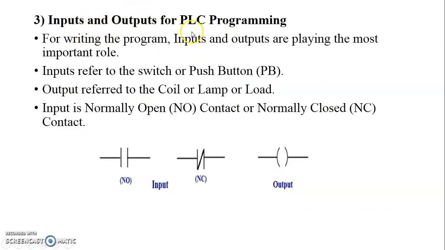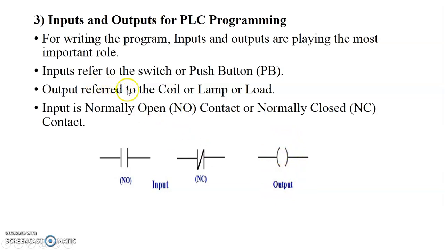The third important part in PLC programming is inputs and outputs. As I explained earlier, this is called NO, that is normally open contact, and this is called a normally closed contact. These two symbols are used to represent an input, and this coil is used to represent an output.